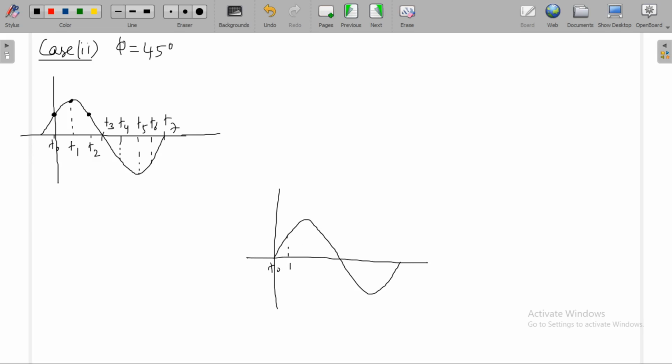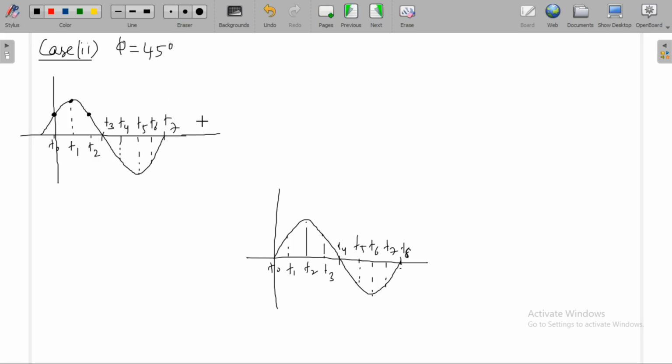T naught, T1, T2, T3, T4, T5, T6, T7, T8.